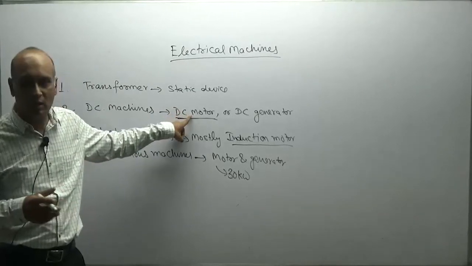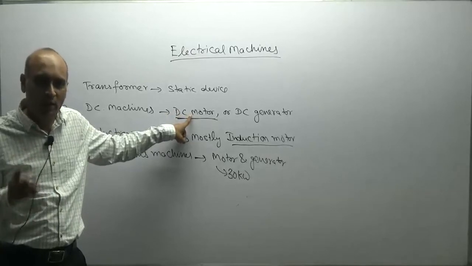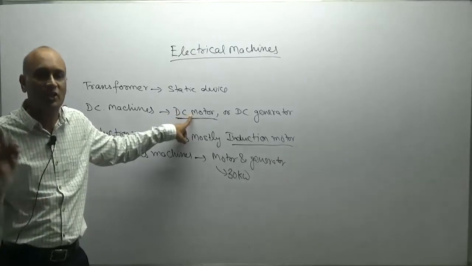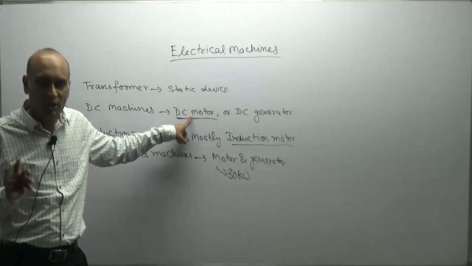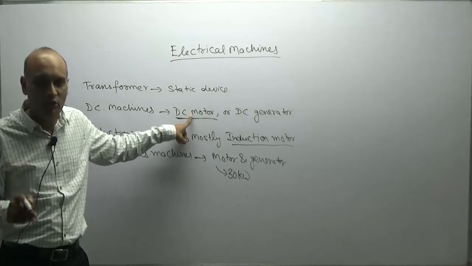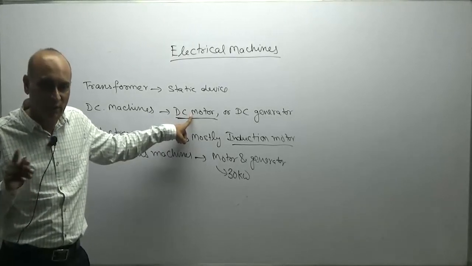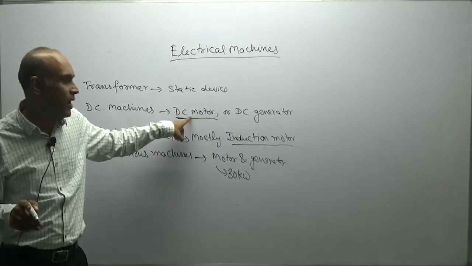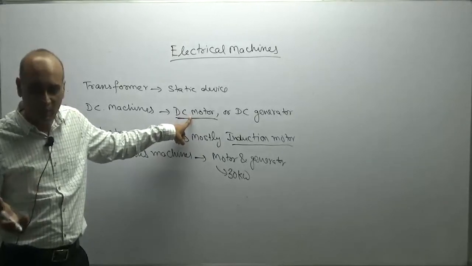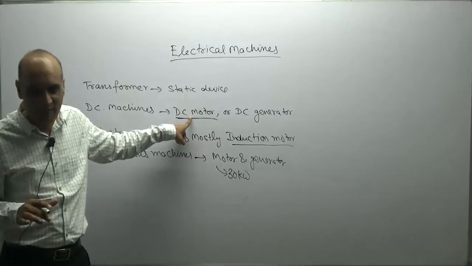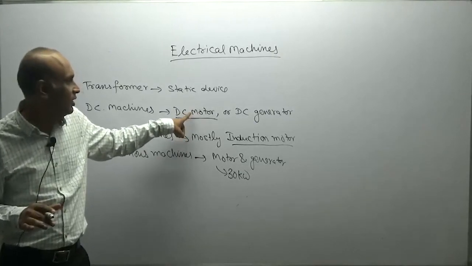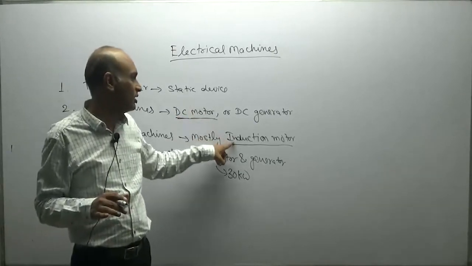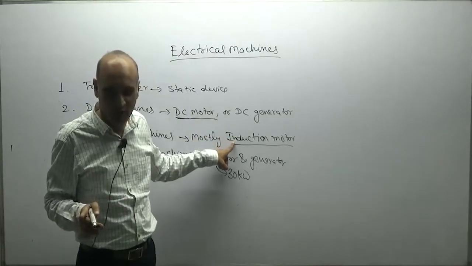DC shunt motor is also a very suitable motor for a lot of applications, but it requires DC supply. DC supply means it requires rectifiers. Due to that reason, in most places, induction motor is used.